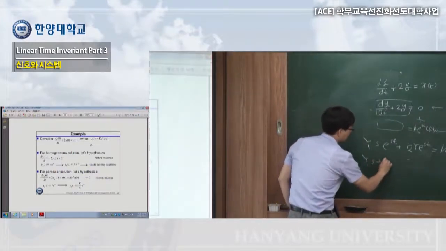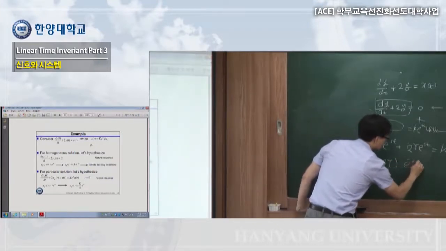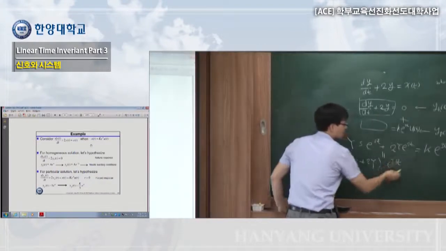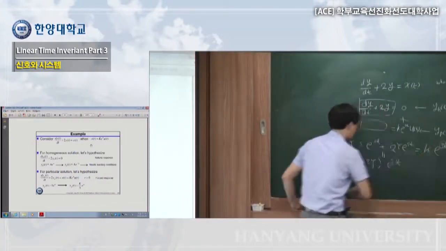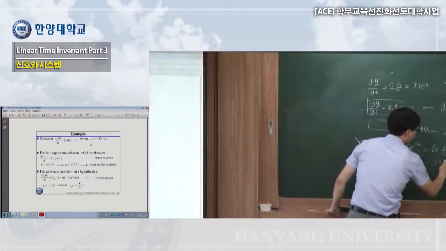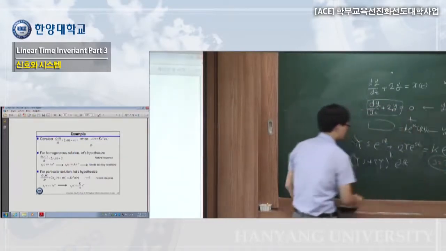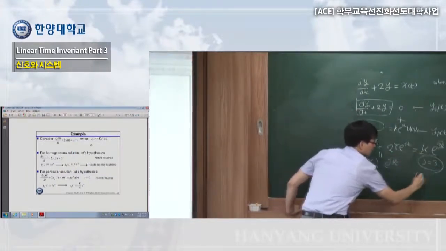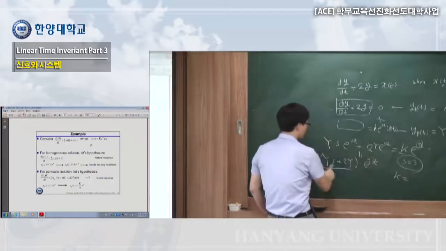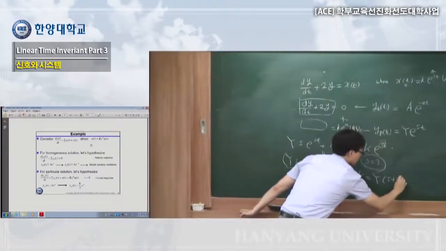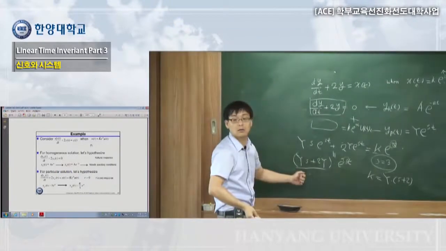Y, s plus 2y times e^(st). And compare that, this will be the same. So s will be 3, and this should be k. It should be same. So k should be y times s plus 2, right?